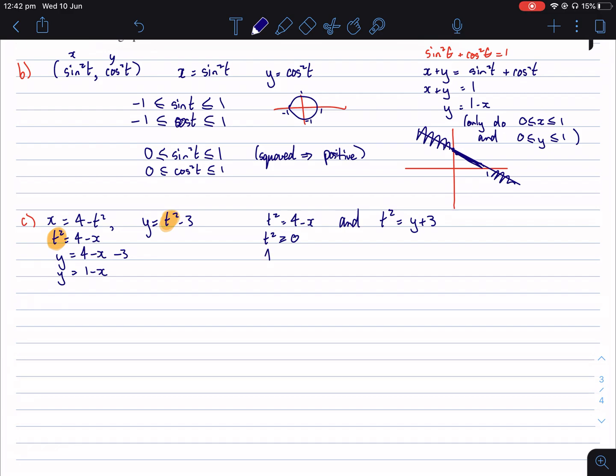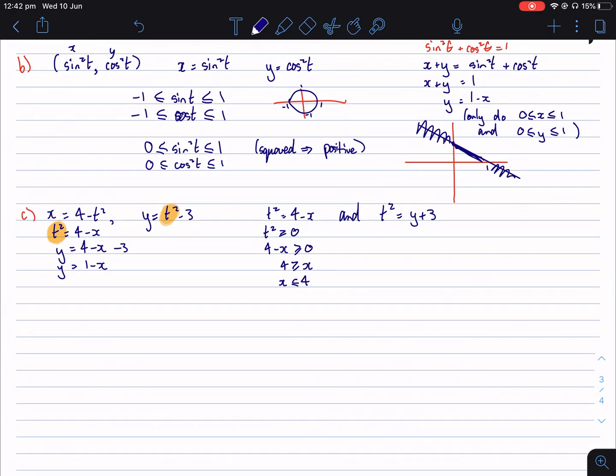So 4 minus x must be greater than or equal to 0, which means 4 must be greater than or equal to x. So x is less than or equal to 4. The other side, we know y plus 3 is going to be greater than or equal to 0. So y is greater than or equal to -3.